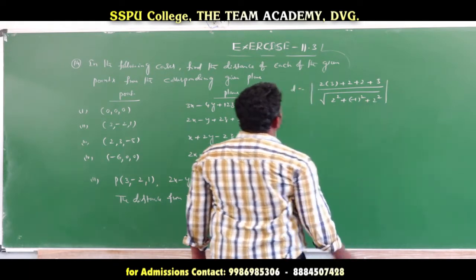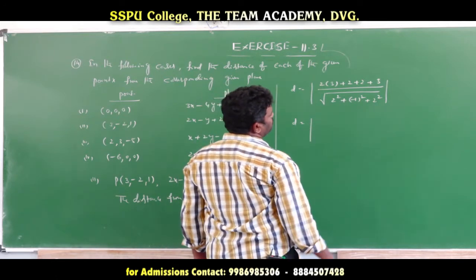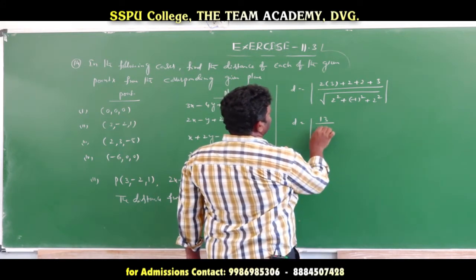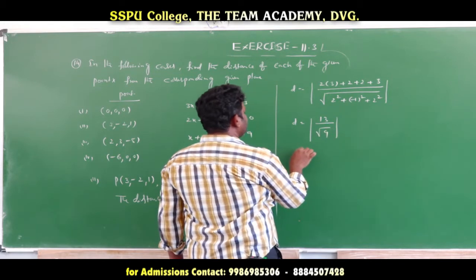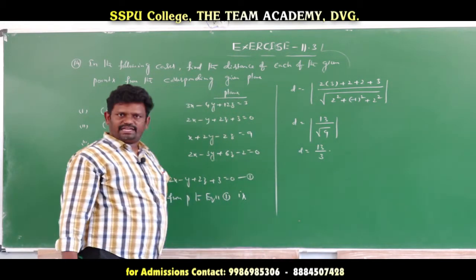The numerator is 6 plus 2 plus 2 plus 3, which is 13, and the denominator is the square root of 9. So d is equal to 13 by 3. That is the second one.